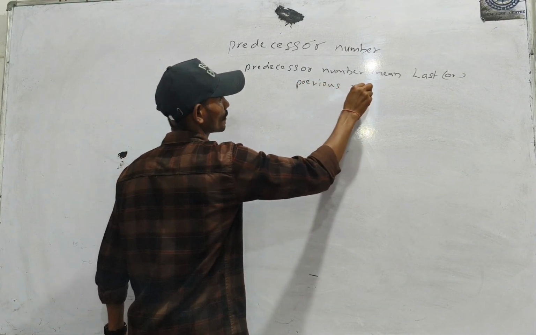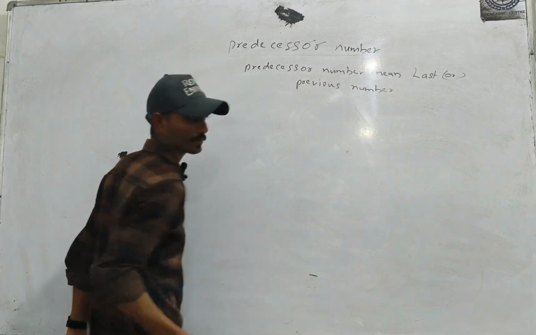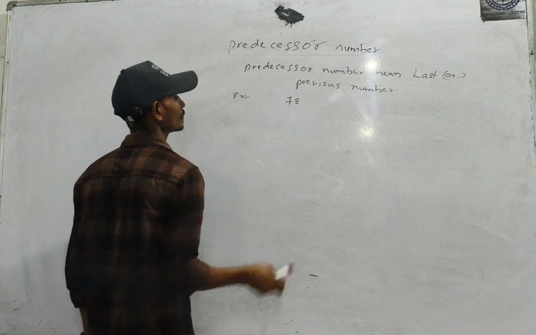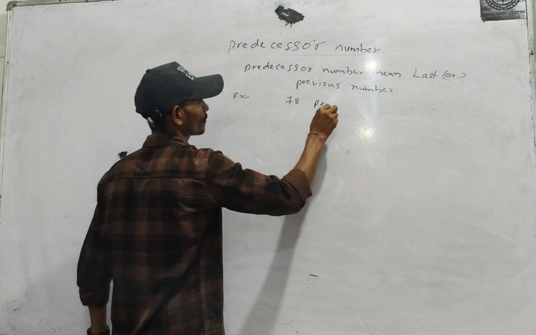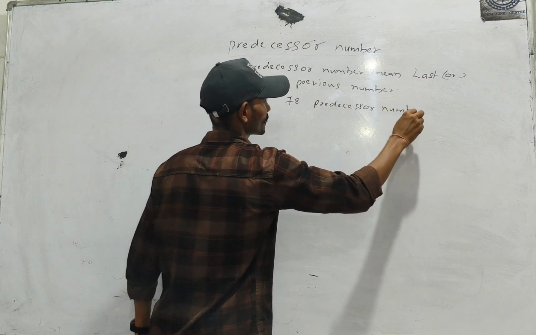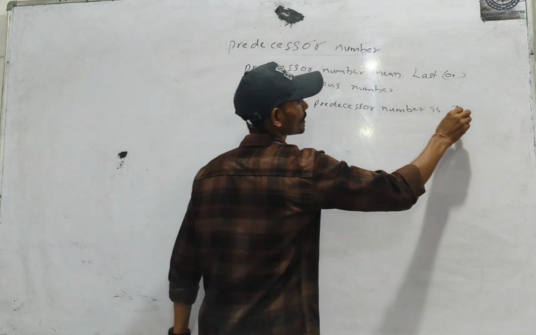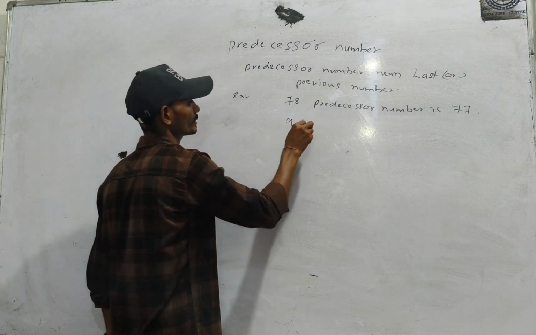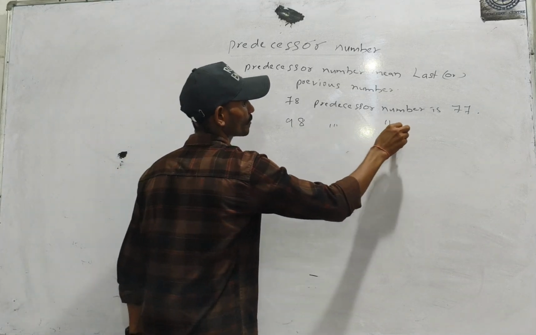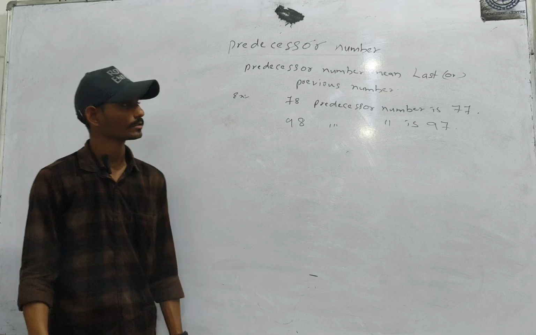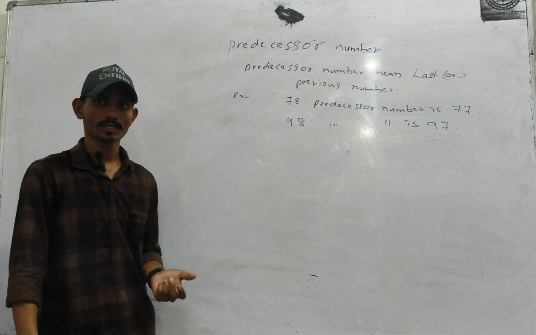Example: the predecessor number of 78 is 77. The predecessor number of 98 is 97. Okay, these concepts are also used in further classes.